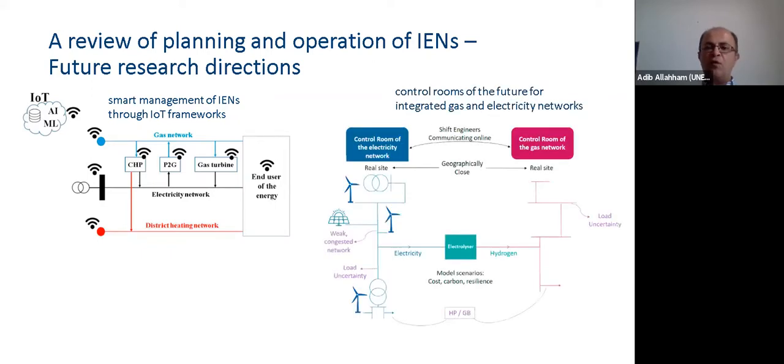So let's suppose that currently in electricity networks there is a control room, and this control room tries to manage or control the network to solve any issues related to congestions, to deal with any uncertainty in the load, to meet the demand, and to make the network operate technically.